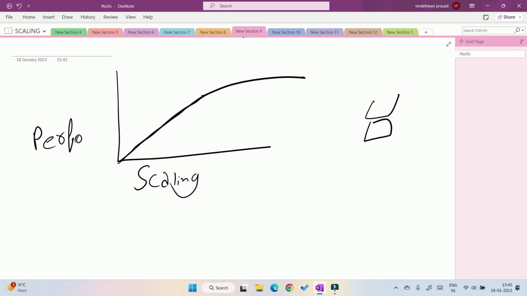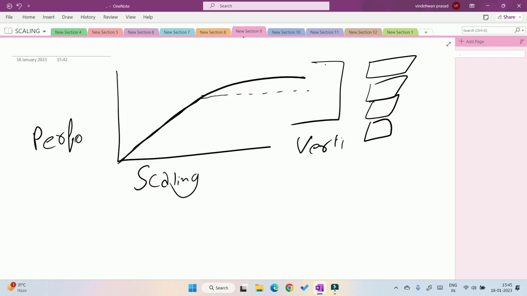Adding one block to another is very good up to a certain limit, but after that limit you can't use this. That's the reason many big companies that follow a monolithic system never use vertical scaling, because after a certain point you can't scale this system very high.